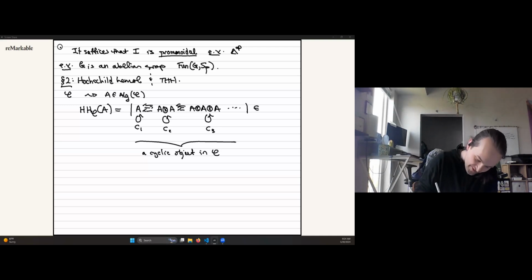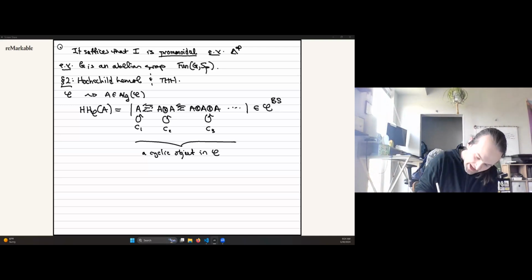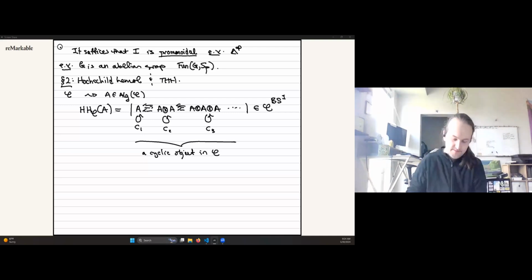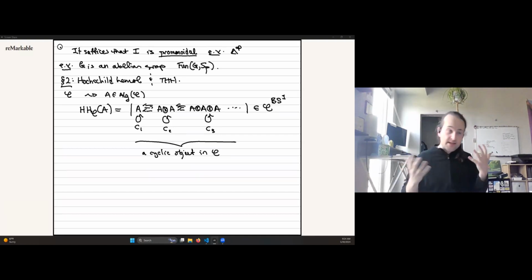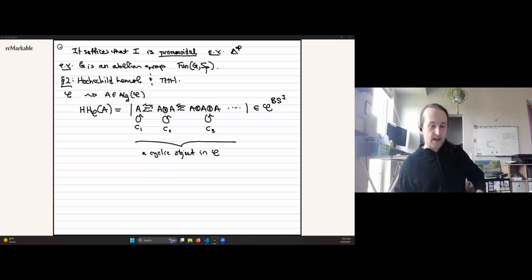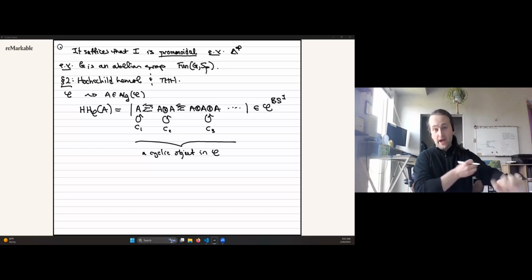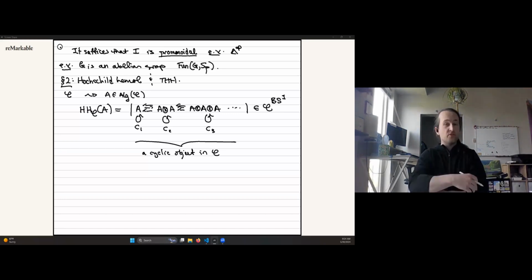And so this has a circle action, meaning it prolongs to a functor from BS1 into the category C. And this is really nice. We like actions by groups, and when you have actions by groups, you can do more fancy constructions like homotopy orbits, fixed points, the Tate construction, you have a canonical map, you have all that good stuff.